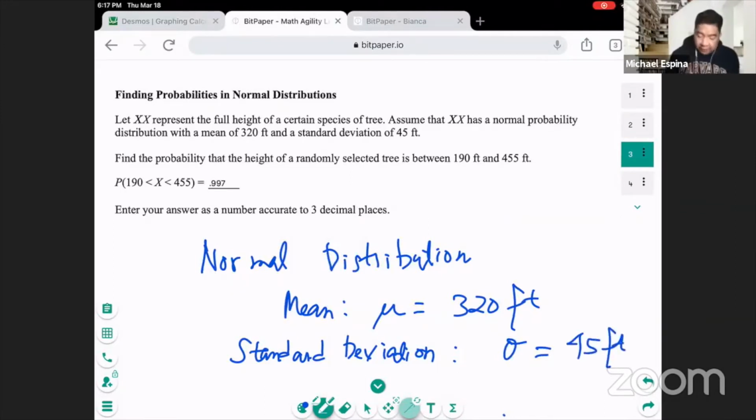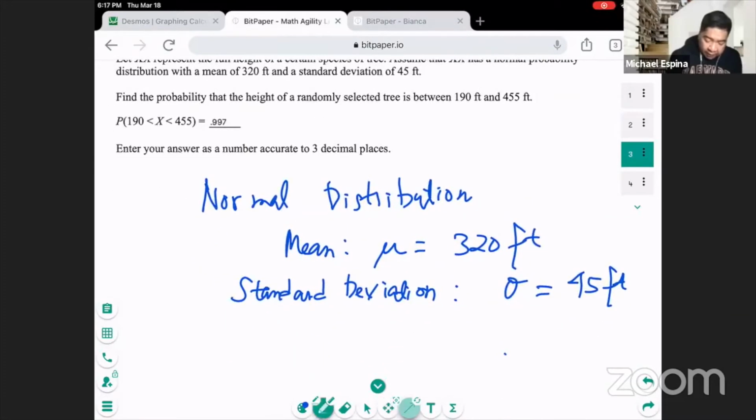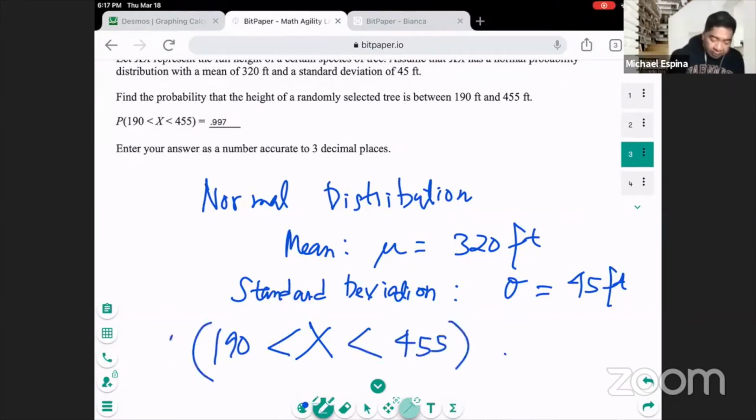All right. So what else? We're trying to find the probability when our sample is from 190 feet to 455 feet. So it means our x, or random variable, would be from 190 feet to 455 feet. What's the probability of getting a sample that has a tree height between these values of 190 and 455?